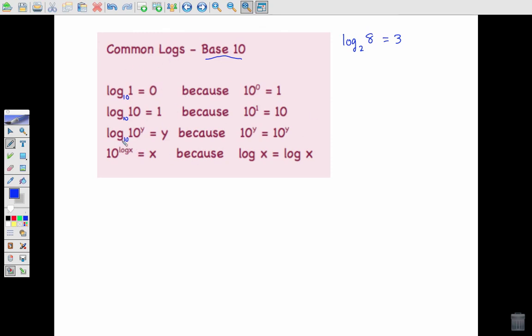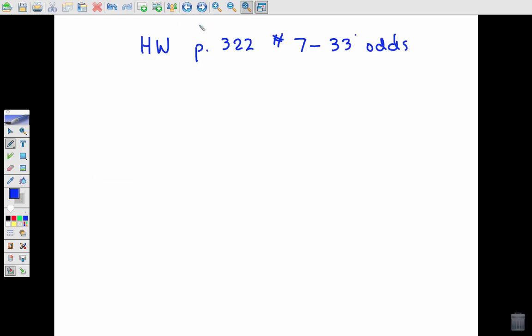So these are really the same properties of the previous page, just showing it with common logs. And then log base 10 of 10 to the y equals y. And then 10 to the log x equals x. You just want to remember, if you don't see anything there, you know it's really base 10.